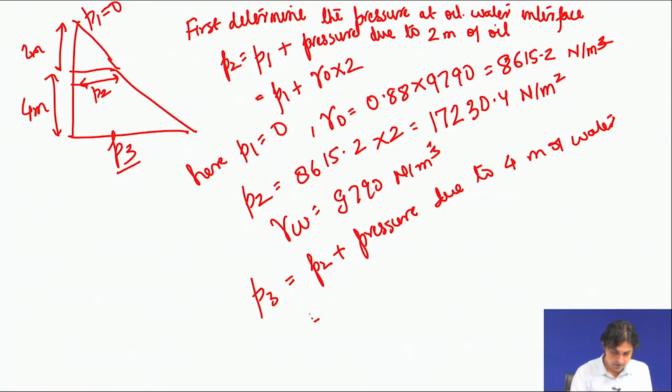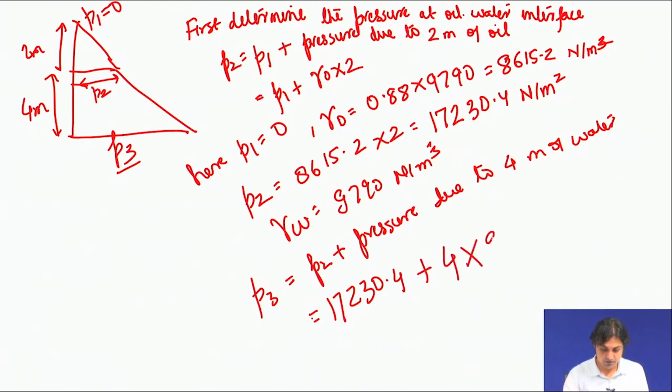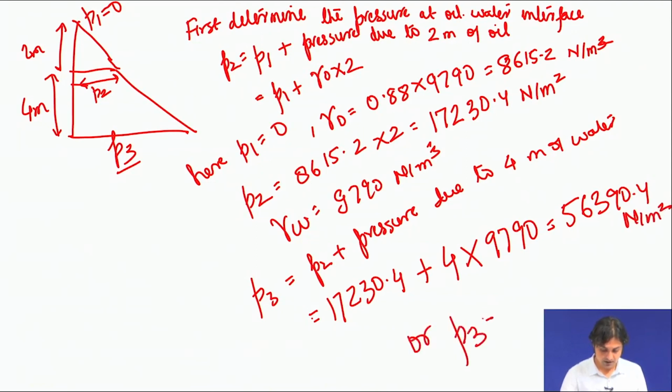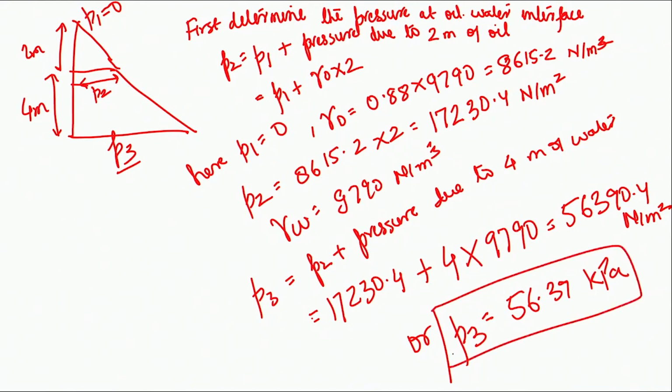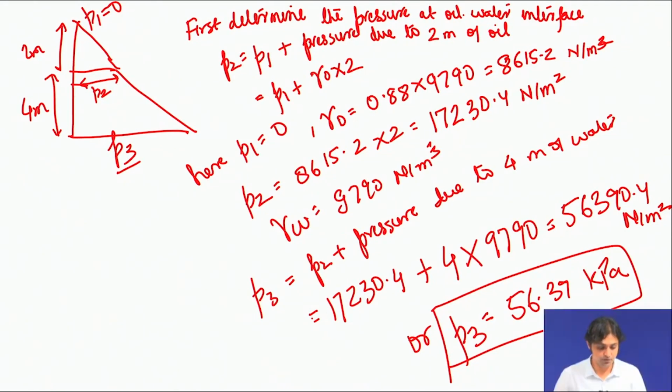P2 is what we found out, 17230.4, plus pressure due to 4 meters of water, which is 4 into 9790, that gives us 56390.4 Newton per meter square, or P3 can be written as 56.39 kilopascal. So this was what the question had asked, to calculate P2 and P3.